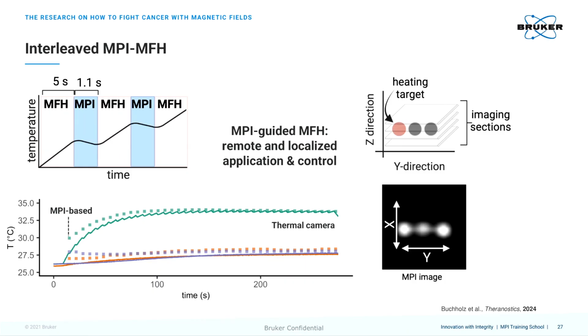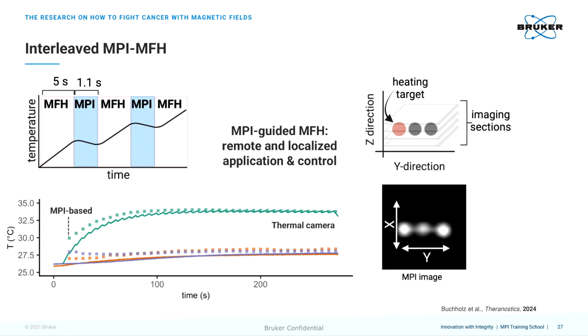So going into some applications, as we combine MPI and hypothermia in a single device, we can swap in between the different modes. So we can start with a hypothermia session, then we swap over to make an image, and then we do another hypothermia session. And as we have the selection field gradient, we can also select at which point in space we want to heat.